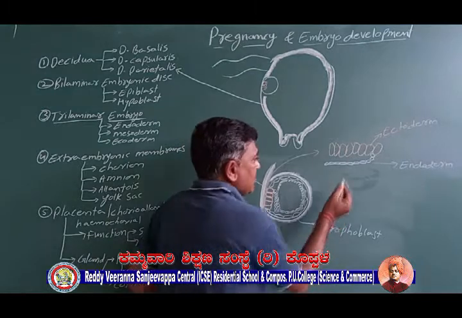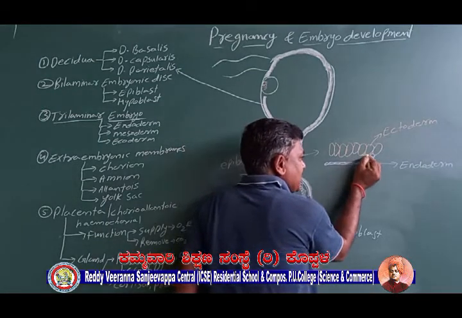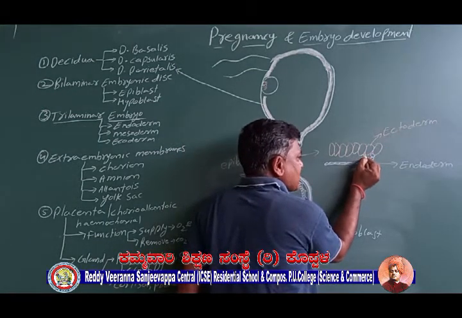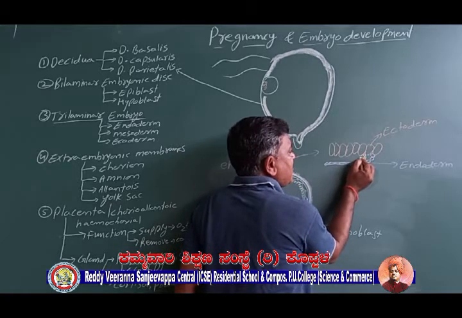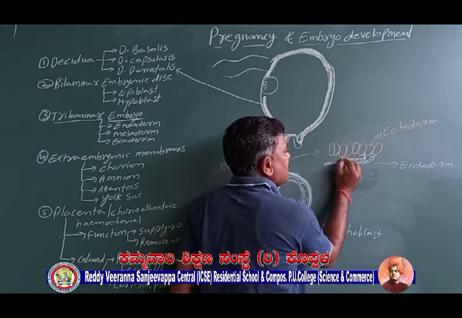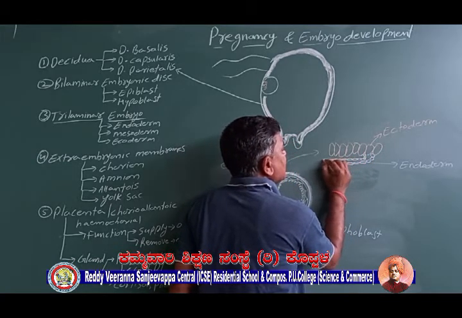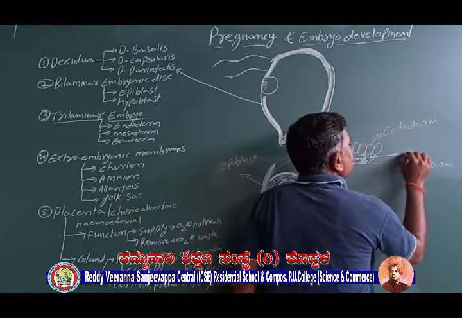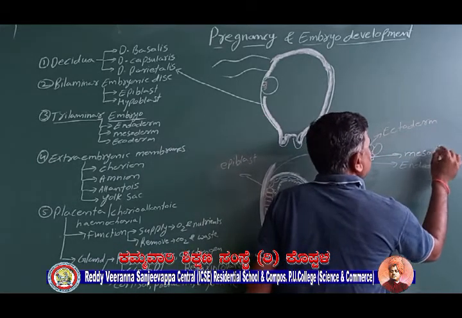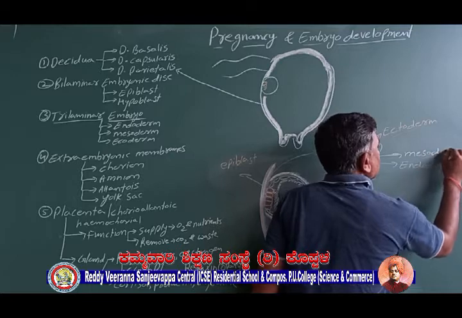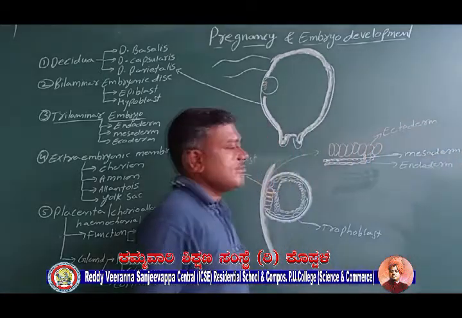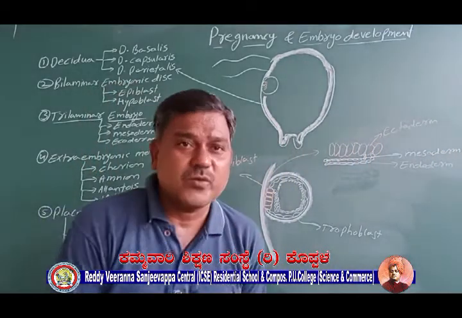Now, come to the point. Again, some of the cells from the epiblast separate and there is a formation of the third germ layer, and this third germ layer is nothing but mesoderm.